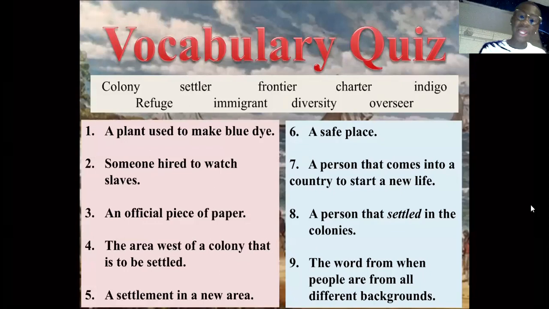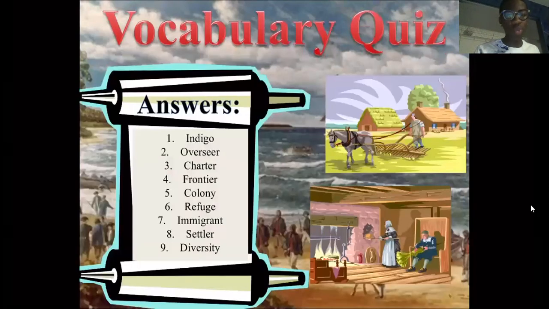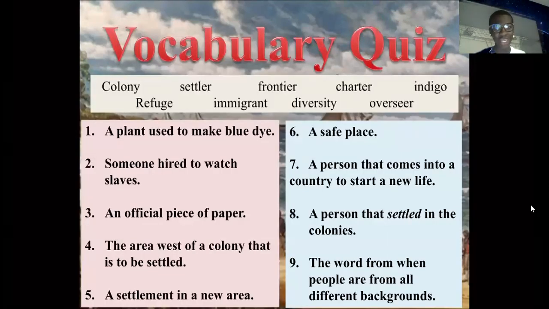Number one, a plant used to make blue dye is a what? Indigo. Someone hired to watch slaves was an overseer. An official piece of paper was what? Do you know?